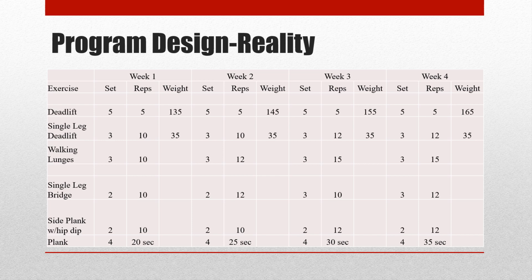Certain things will improve faster than others, meaning you notice the side plank with hip dip, that one progresses very slow. This is a lot smaller muscle group. It's going to fatigue faster. So we don't increase the progression on that fast when compared to something like walking lunges or even a single leg deadlift where we'll ramp it up quite a bit. So each exercise will vary based on the individual, based on your needs, based on your goals.